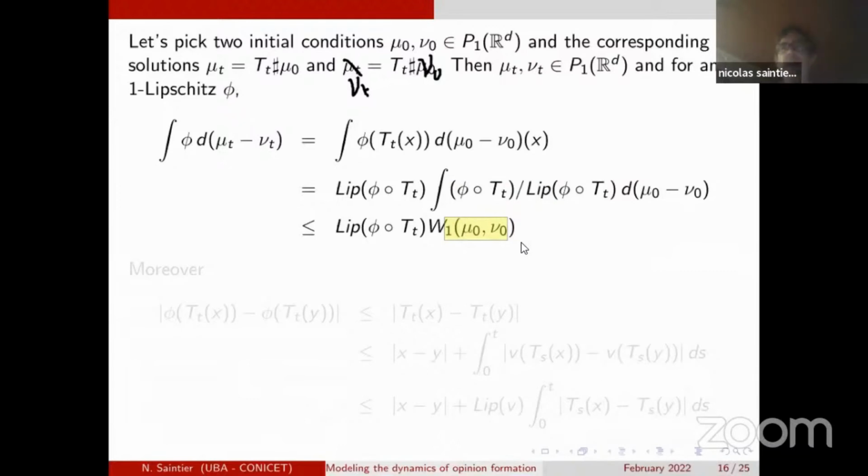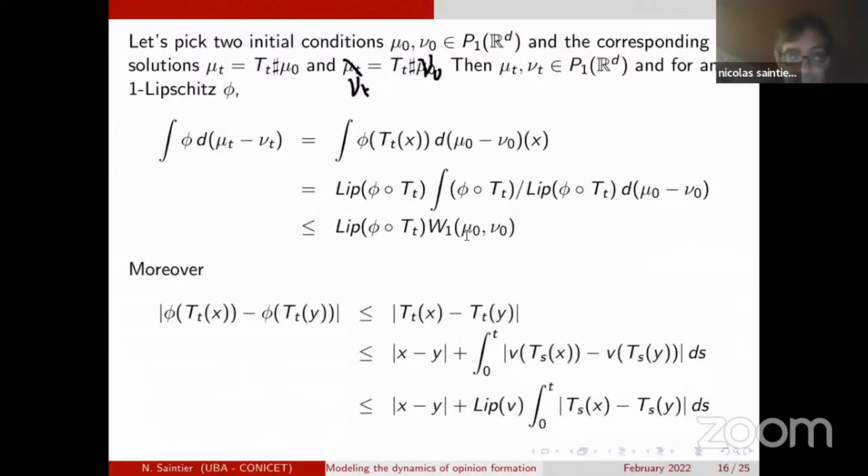Now, the only thing I need to check, which is very elementary, is the Lipschitz constant of this function here. We do this very easily. I look at this function at x minus my function at y.